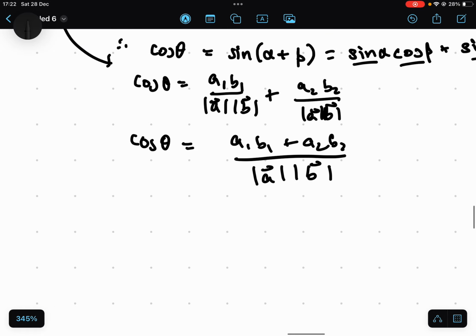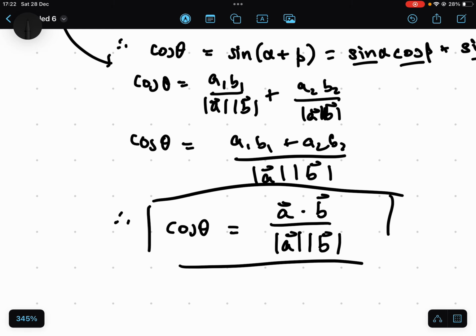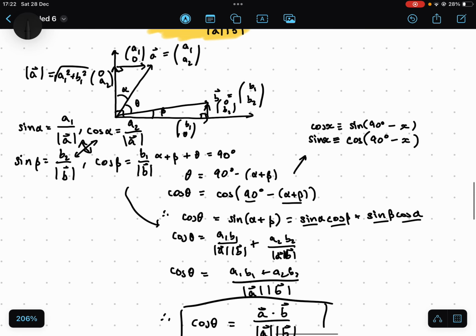Therefore, cosine of theta is equal to A dot B over the product of the moduli. And there we go, that's our little proof for that. I think that's really nice, and it can be any dimension. You can do this in 3 dimensions, and it'll just tell you the angle.